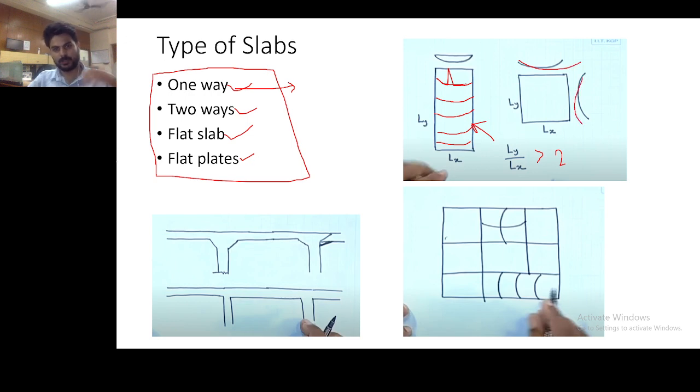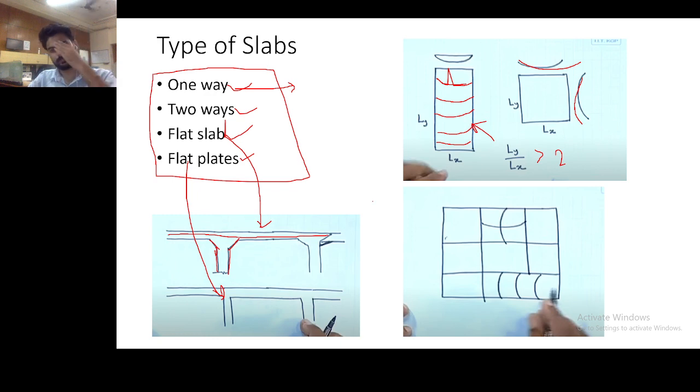Okay, and the flat slab is where the slab is continuous and it is supported on the drop panels and on the column. So this is called a flat slab, and this is called a flat plate.